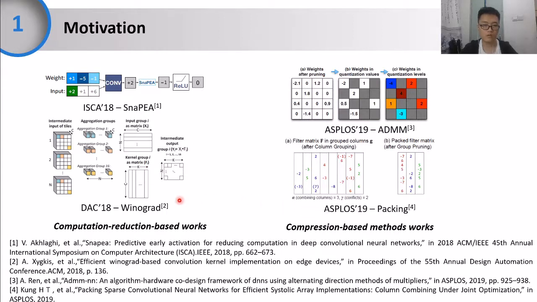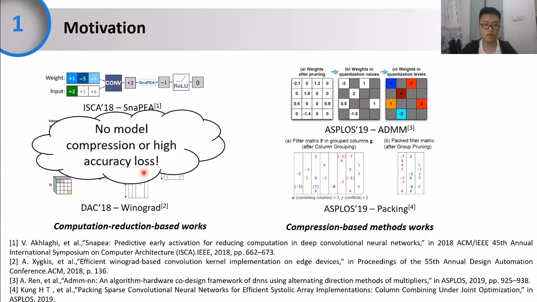For example, some works focus on reducing MACs, like the prediction-based works. They focus on reducing unimportant MACs, like the Winograd-based works. The Winograd-based works change the computation flow to reduce the MACs.